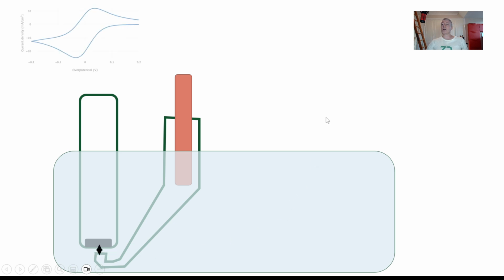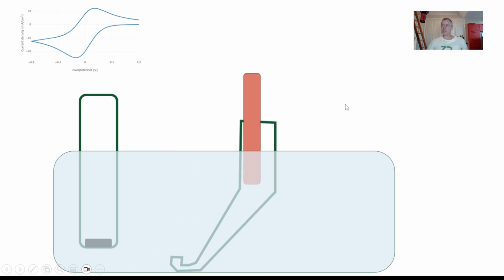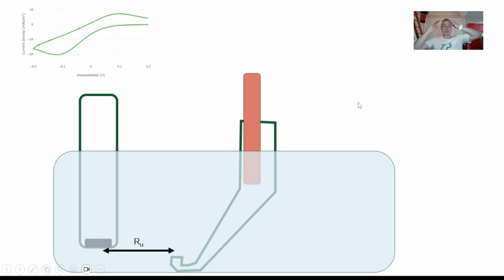And if you do that quite well, then you'll have a nice cyclic voltammogram. If you poorly place that Luggin, and you're not as close as you could be, and you've got a bit of a distance here and that solution is not very conductive, then you can end up with a more distorted cyclic voltammogram.